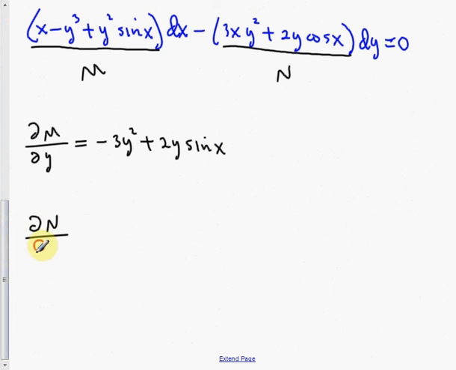On the partial of n with respect to x, remember there's a negative attributed to each of those terms, so we take that into consideration. The derivative of minus 3x y squared with respect to x is just negative 3 y squared. Then the derivative of negative 2y cosine x with respect to x becomes a negative sine x. Negative times that negative is positive, so it becomes positive 2y sine x. So they are exact.